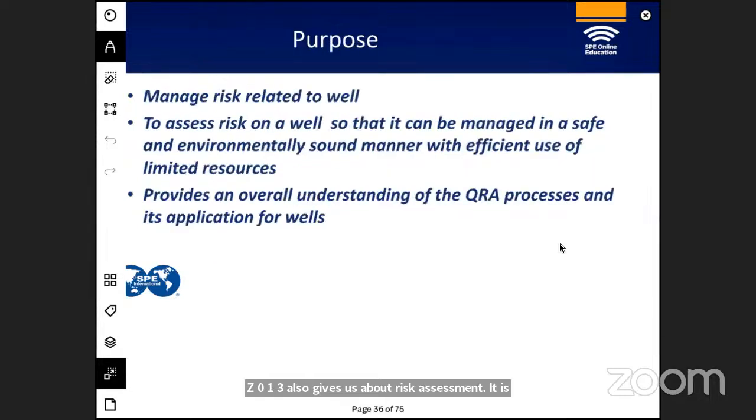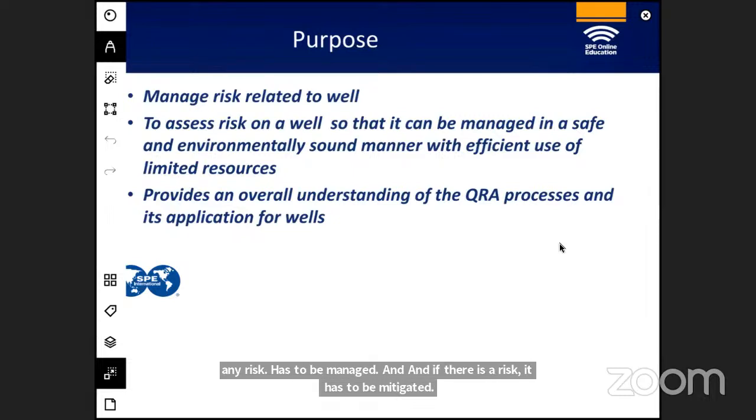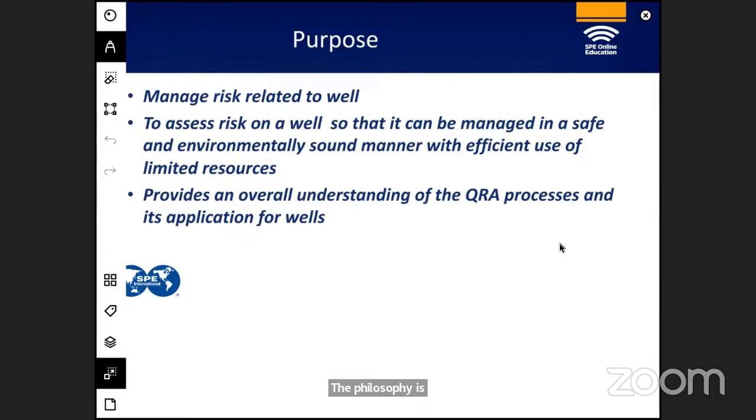So what is the purpose of risk assessment? Because we have to manage risk at all stages of the well. So any risk has to be managed, and if there is a risk, it has to be mitigated. The philosophy is that we do a risk assessment, put a mitigation plan in place so that the incident does not happen. If an incident has happened, there is no point in doing a risk assessment.